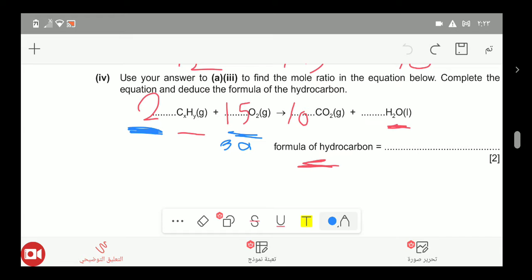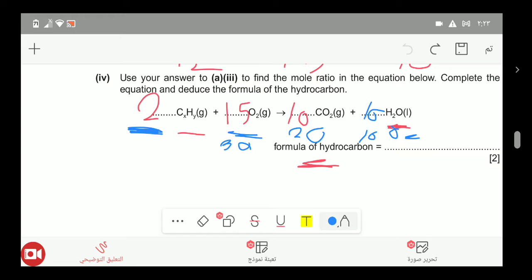How many oxygen here? We have 20. So we must have 10 oxygen, so it will be 10 H2O, because 10 H2O means 10 oxygen. So we have water 10.